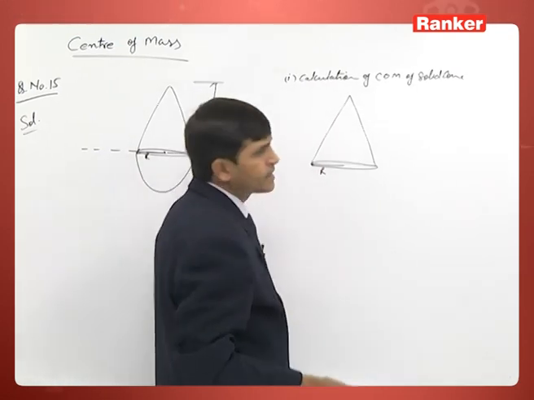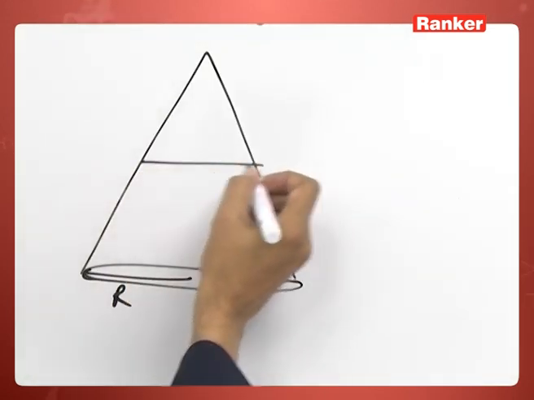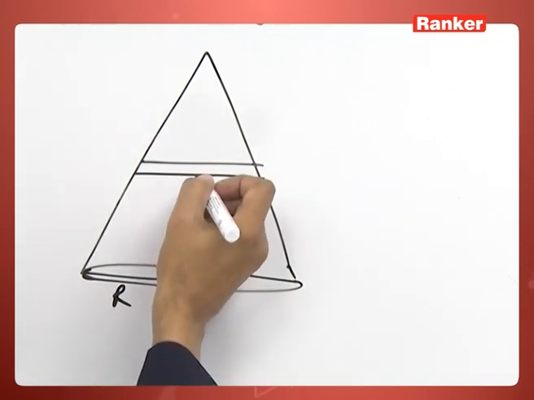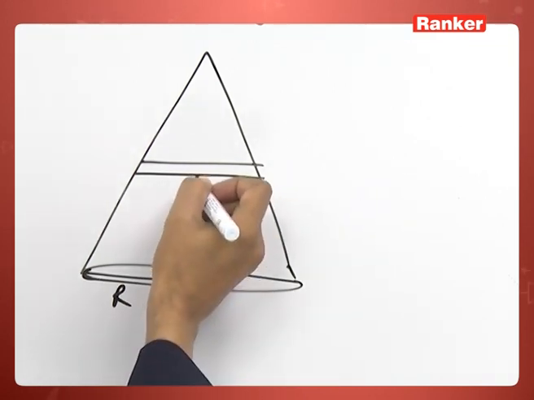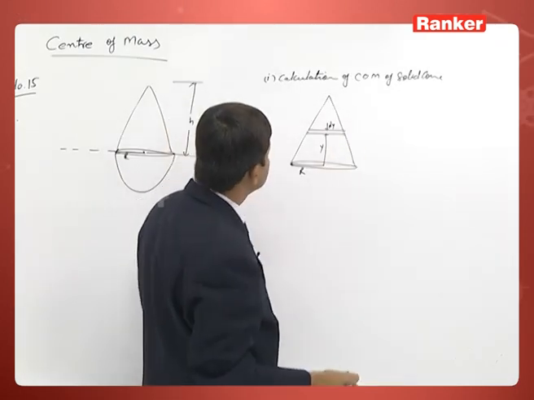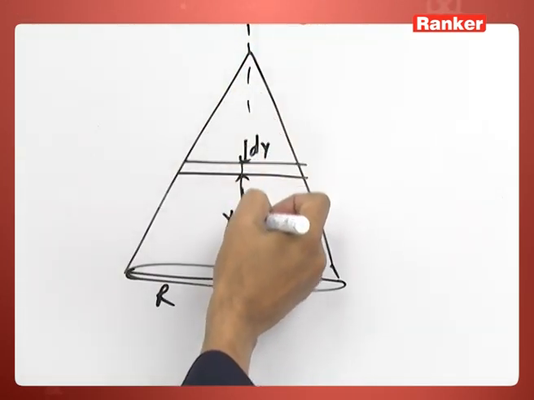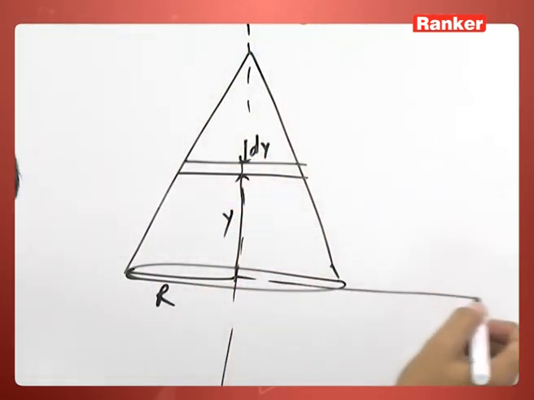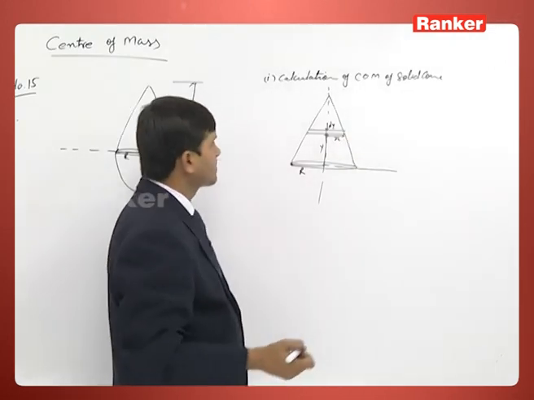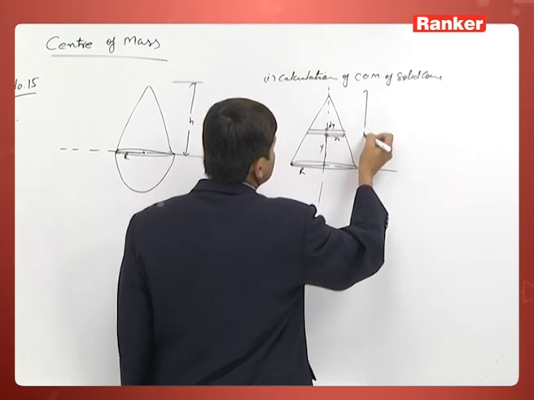This can be said as a variable radius. So let here, at y distance, this be dy, and let the radius here be x, and the total height is given here as h.